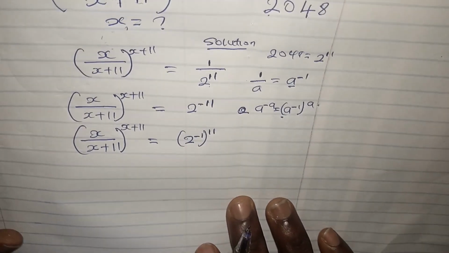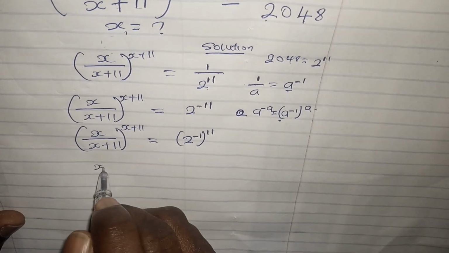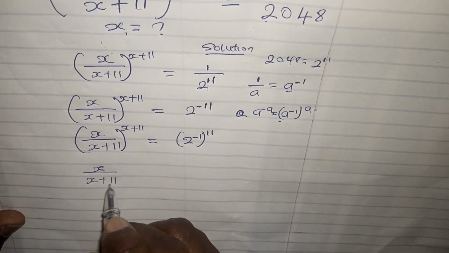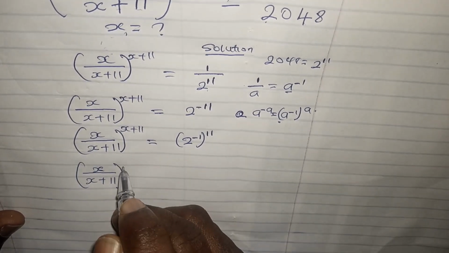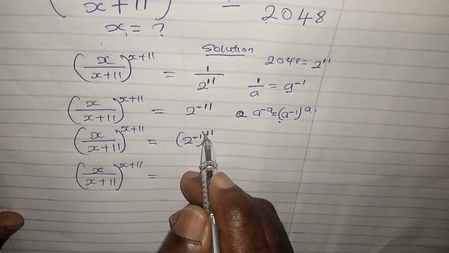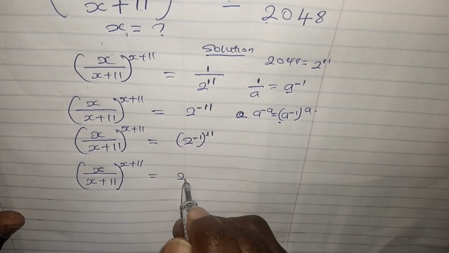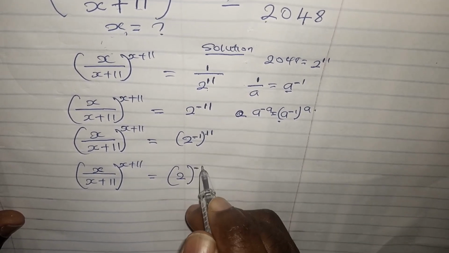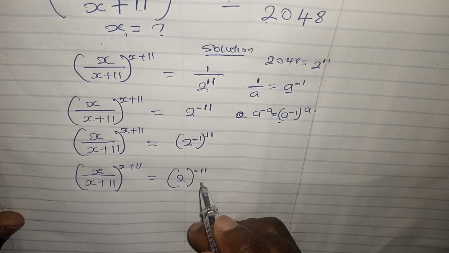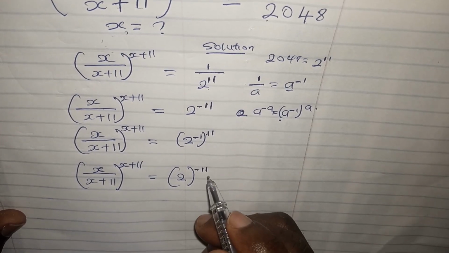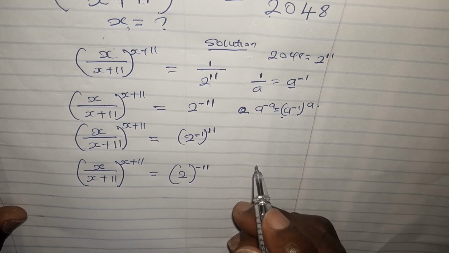Okay, so we're now having (x over x plus 11) all to the power of x plus 11 is equal to, we can simply bring the negative sign out, so we can have this to be 2 to the negative 11, sorry. So if we've done this, what are we going to do next?